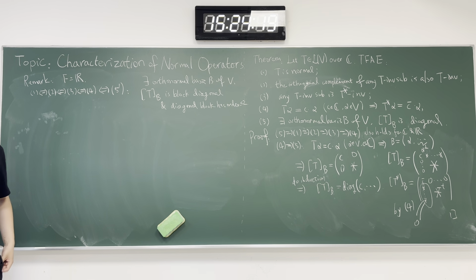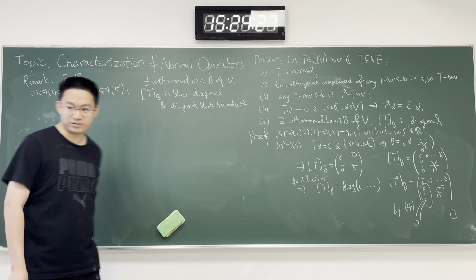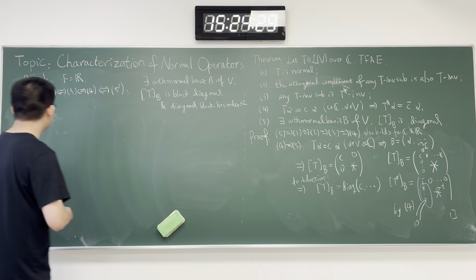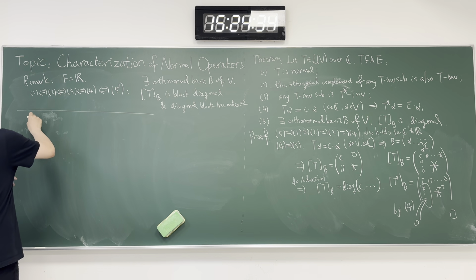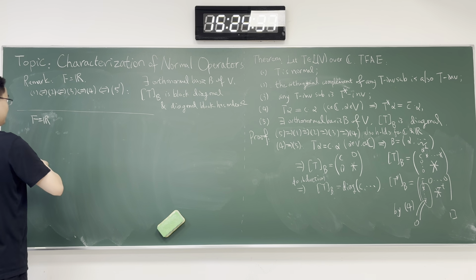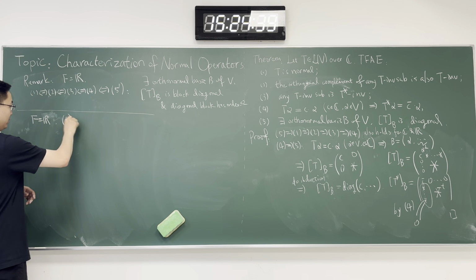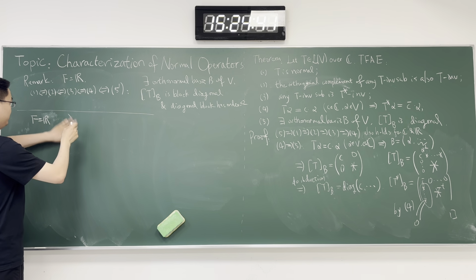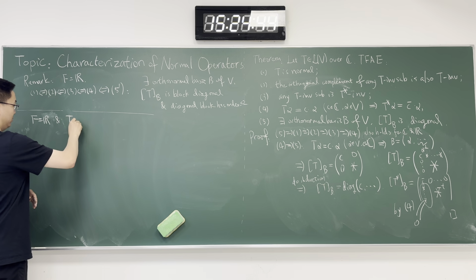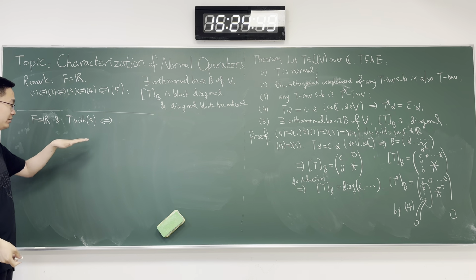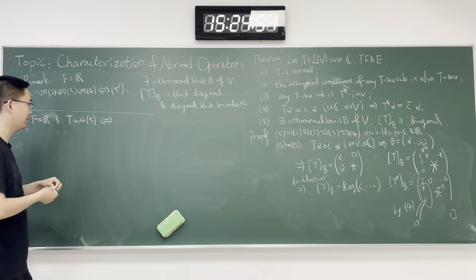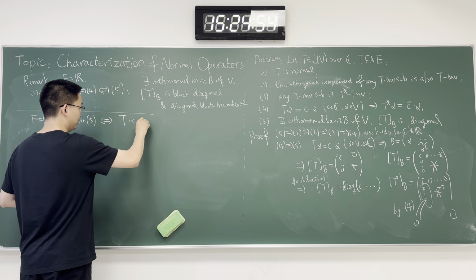In the real case, 5 is equivalent to that T is self-adjoint, isn't it? Oh yeah, that's a good point. If we insist on the real case with the condition 5, then T with the condition 5 is equivalent, according to our preceding discussions about the self-adjoint maps, to T being self-adjoint.